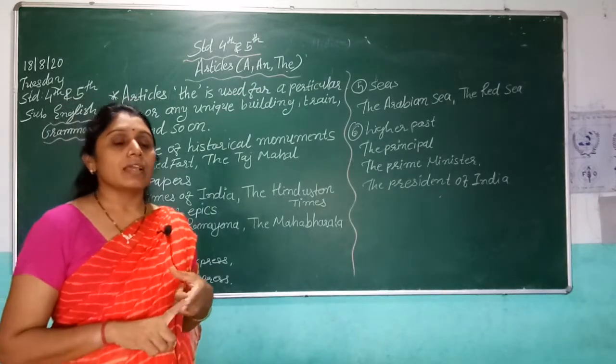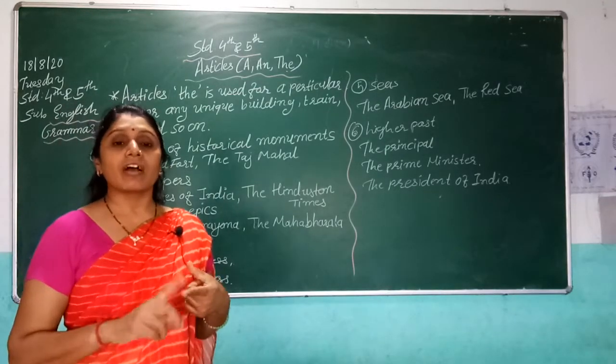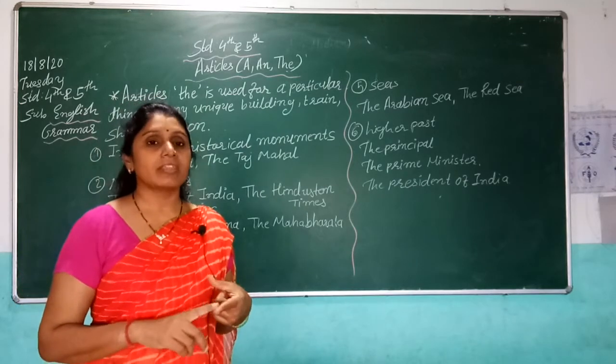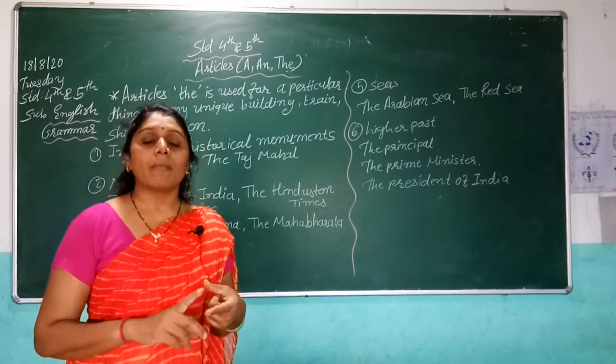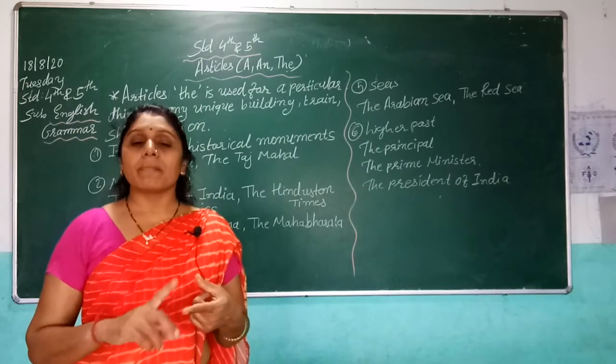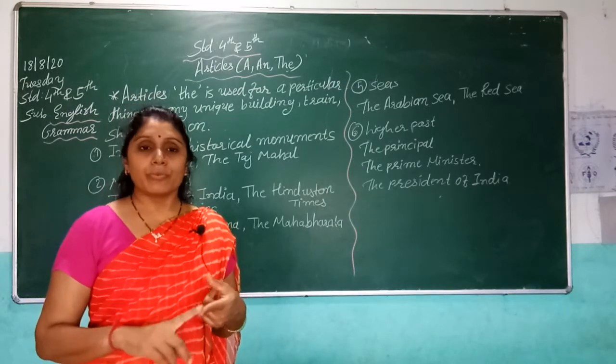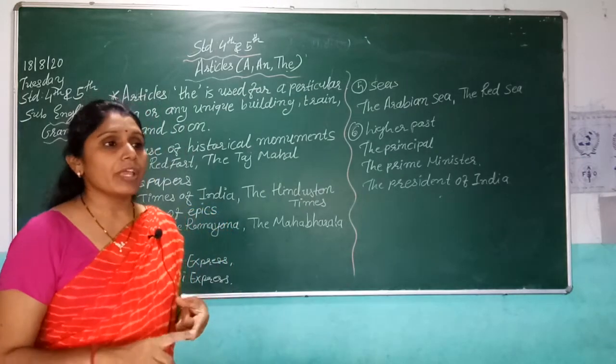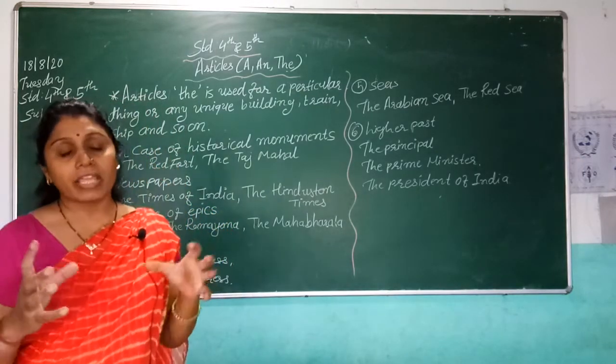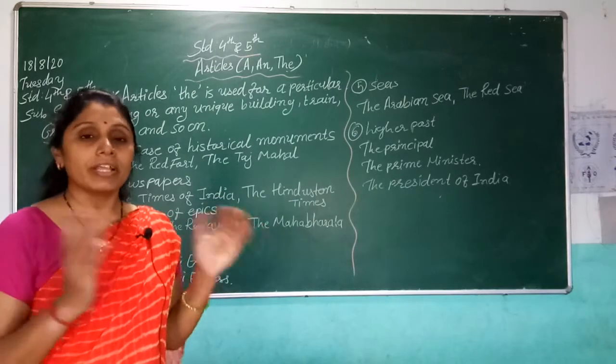Just like if there is a particular river, the Ganga, the Yamuna, the Tapti, the Narmada. The mountain, the Himalayas, the Mount Everest, the Mount K2. So we can use these articles before it.